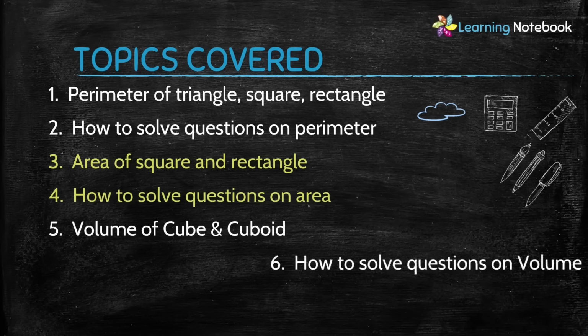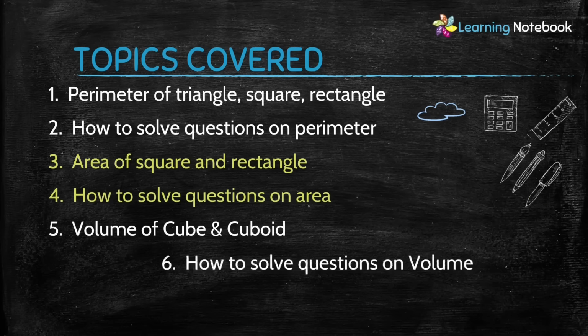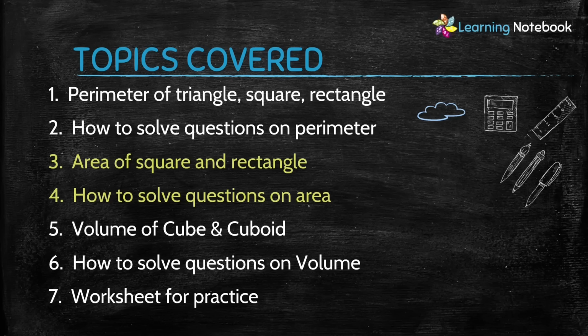After that, we will learn area of square and rectangle and how to solve questions on area. Then we will talk about volume of cube and cuboid and how to solve questions on volume. Then in the end, I will give you a worksheet for your practice.